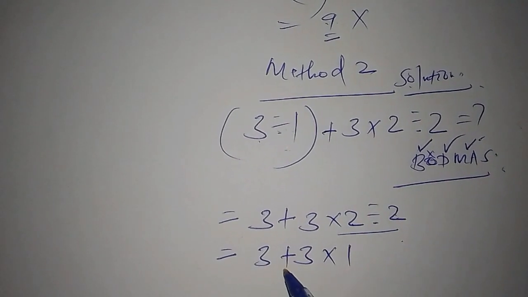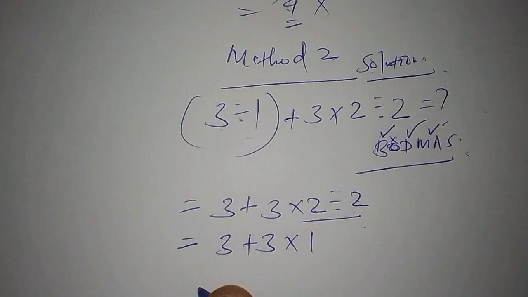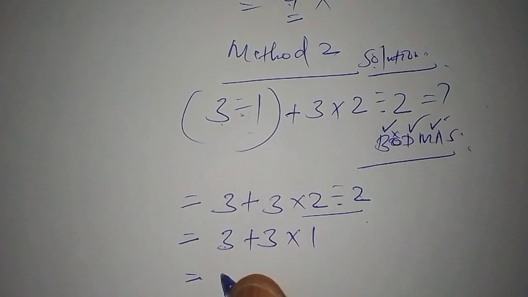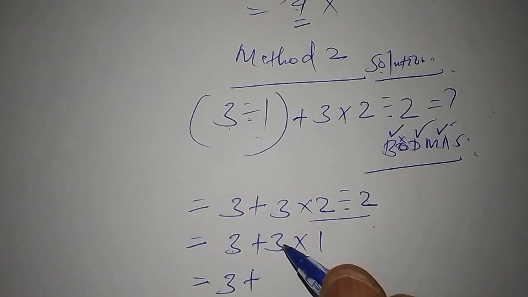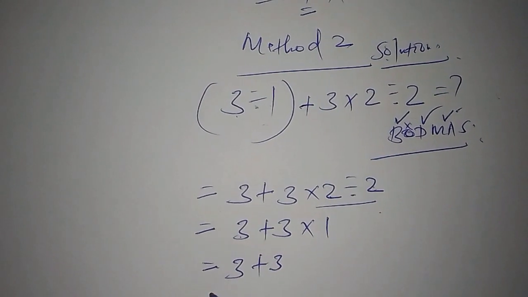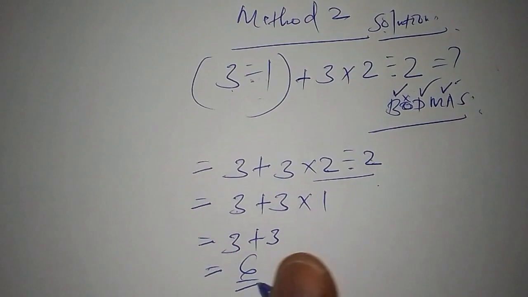So we have to multiply this number, so this number shall now be equal to 3, because we are working the multiplication. 3 multiplied by 1 is 3. So now our final answer becomes 3 add 3, and our answer is 6.